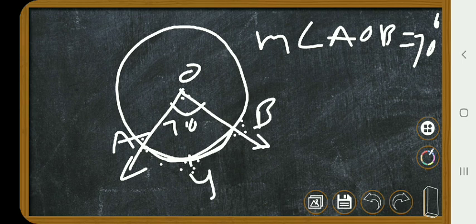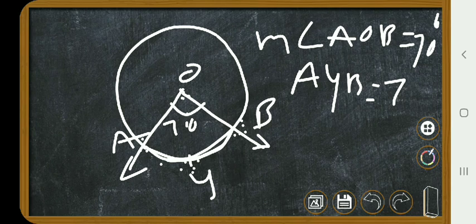So this minor arc AYB will be 70 degrees. It is equal to the angle made at the center by the two rays. Okay, understood? The arc included in the given angle made at the center of the circle is equal to the given measurement.